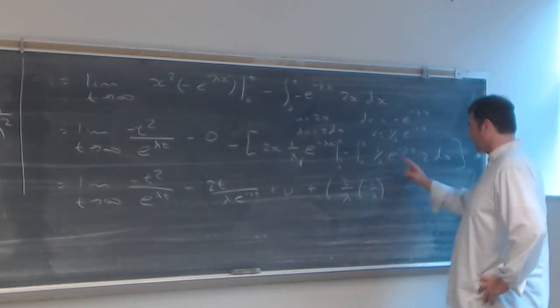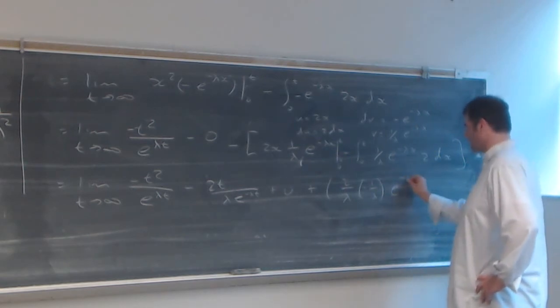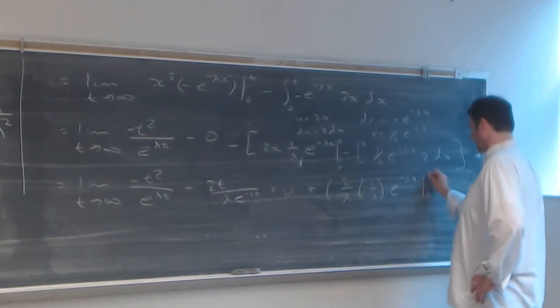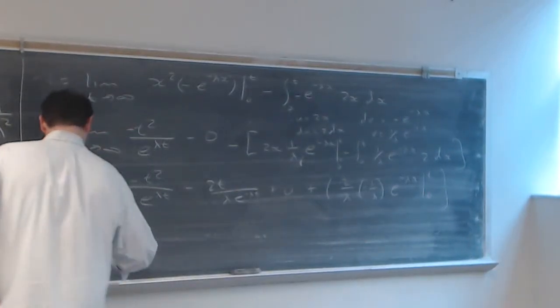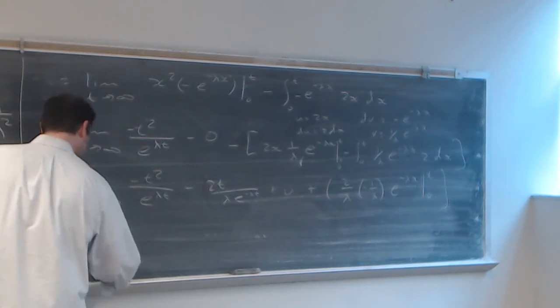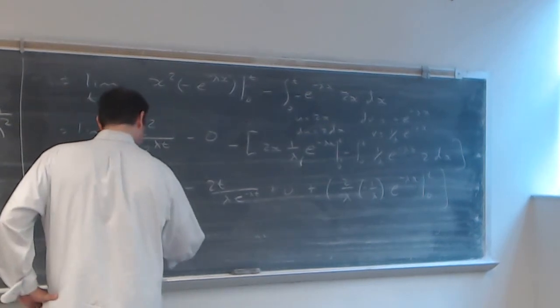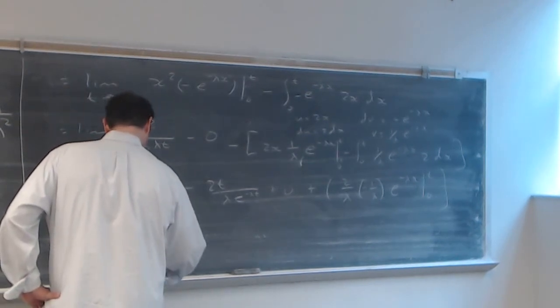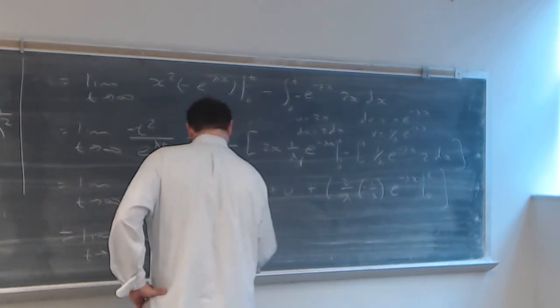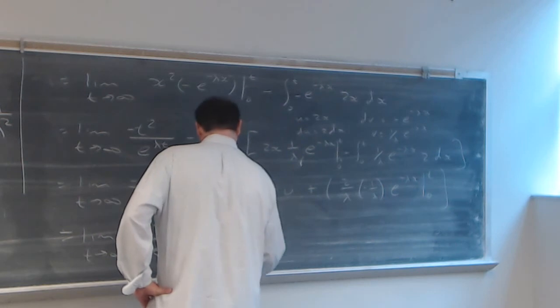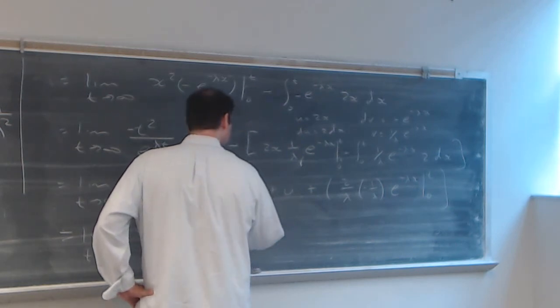And then the integral of this is e to the minus lambda x, and I have to evaluate that from 0 to 2. This is equal to the limit as t goes to infinity of minus t squared over e to the lambda t, minus 2t over lambda e to the lambda t. No, it's just plus.